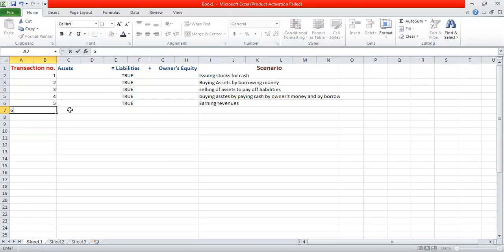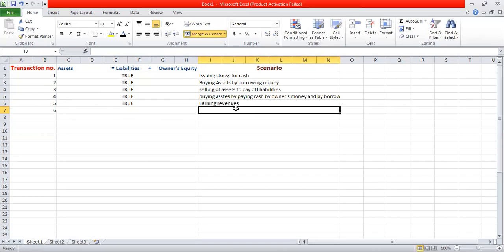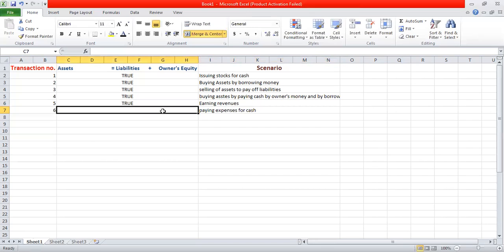Transaction number 6, the scenario is paying expenses for cash.